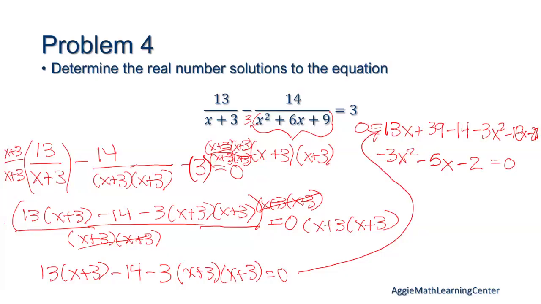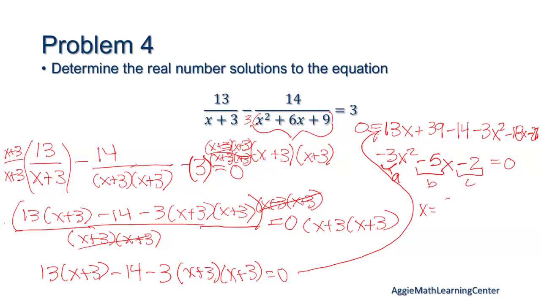Yes, that's what I got. That's what you got too? Perfect. Okay, sweet. So now, are we ready for our formula? Yes. So this is our A, right? This is our B. This is our C. Perfect. So what is our formula going to be?